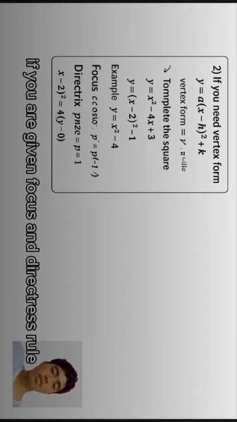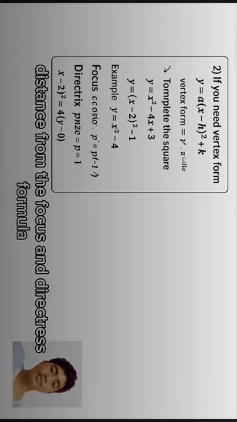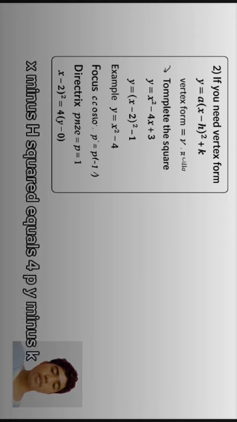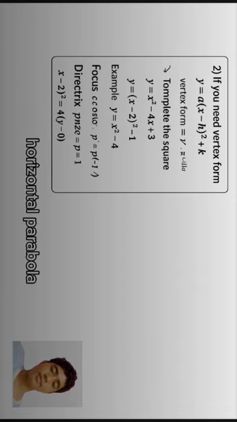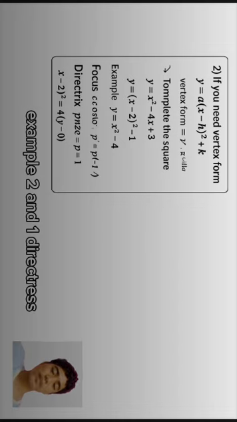If you are given the focus and directrix, the rule is every point on the parabola is the same distance from the focus and directrix. Formula: vertical parabola, x minus h squared equals 4p times y minus k. Horizontal parabola, y minus k squared equals 4p times x minus h, where h and k is the vertex and p is the distance to the focus.